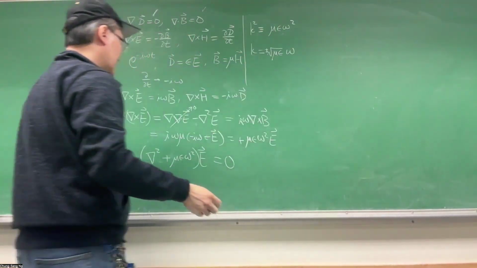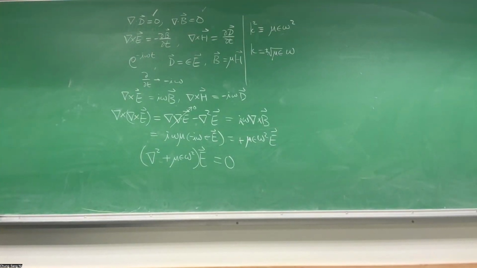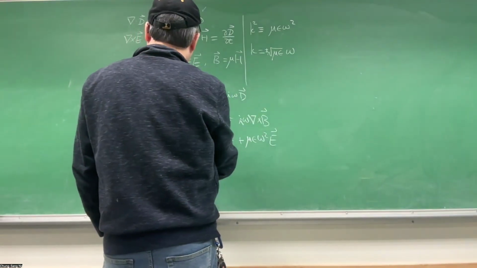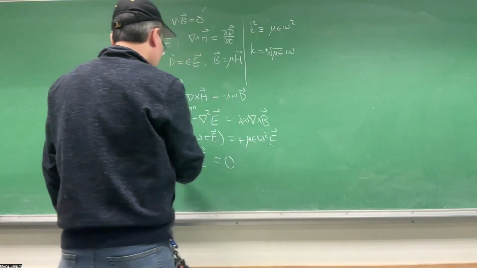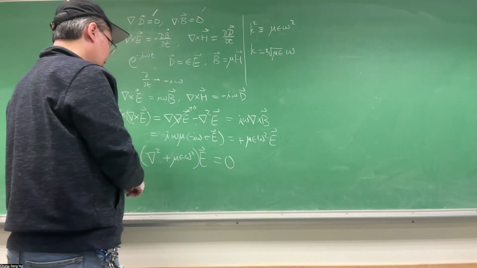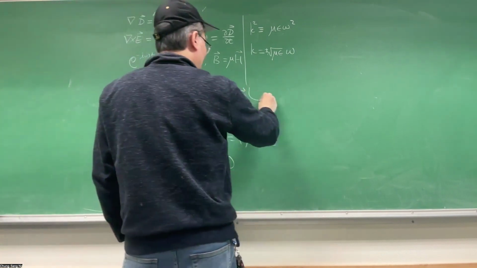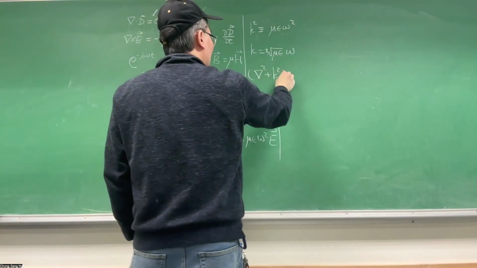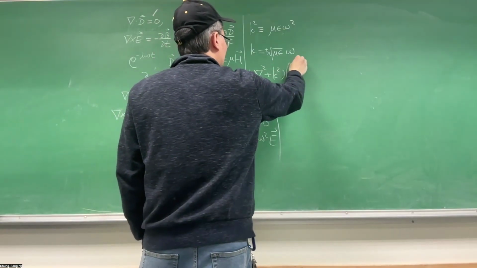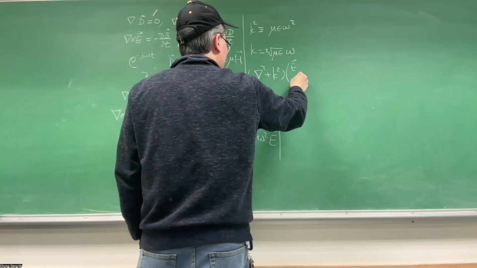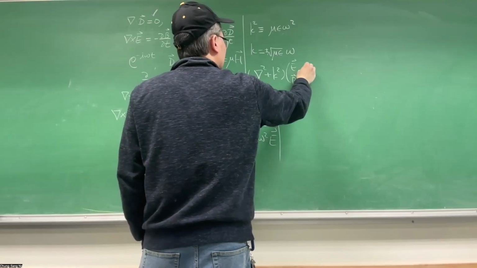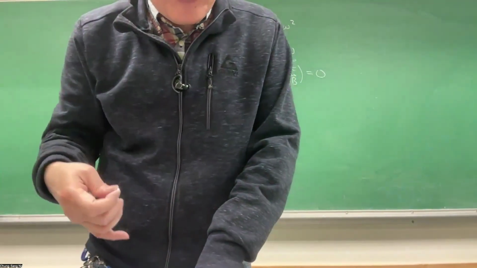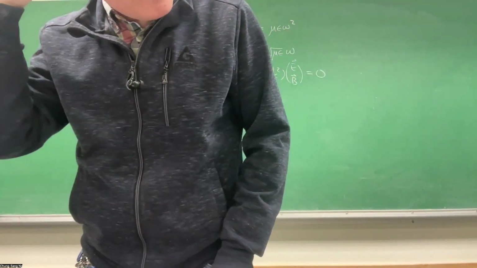So k can be positive or negative, and then the equation becomes a Helmholtz equation. And both E and B satisfy the same equation. E and B or E or H, that doesn't matter. Right?